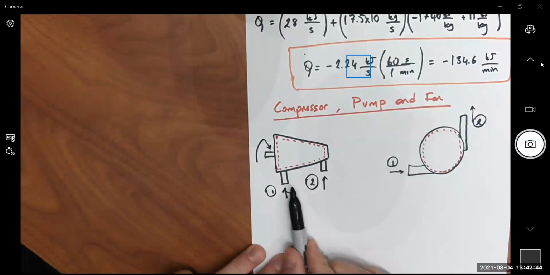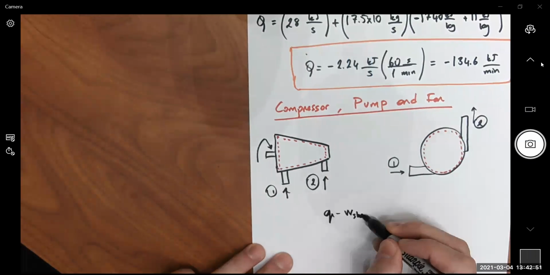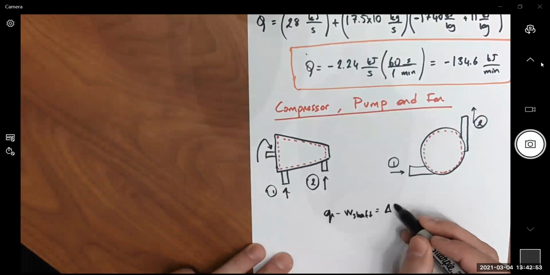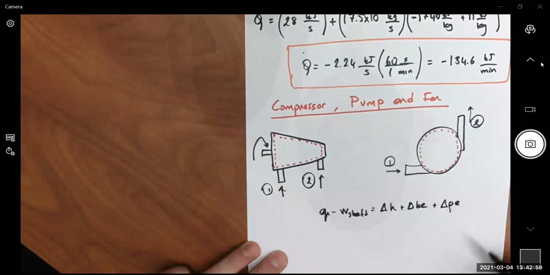With one inlet and one outlet at a steady state open system device, Q minus work shaft equals delta H plus delta kinetic energy plus delta potential energy.